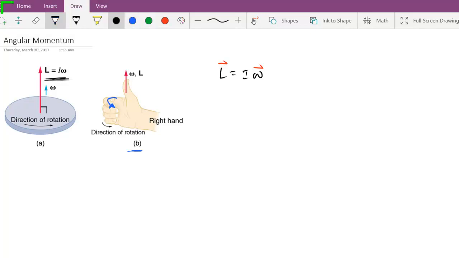If you were to place on a coordinate system, let's say we have a traditional coordinate system with a positive x this way, a positive y up this way, and then the positive z comes out of the screen here. Now if we place our fingers along the x-axis, and you curl your fingers towards the y-axis, so place your hand on the screen and curl your fingers towards the y-axis, then your thumb has to point upwards out of the screen.